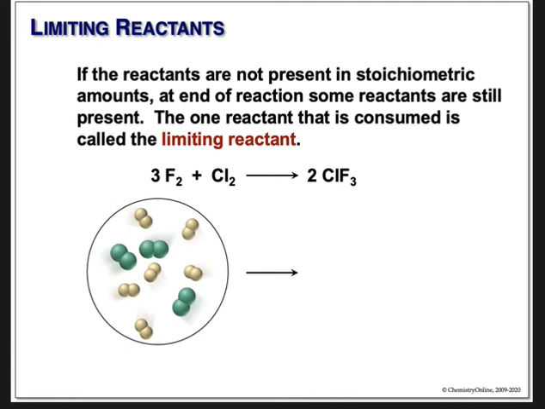Now, this reaction right here and the cartoon have appeared on virtually every exam for the last 3 years. So, remember that. Look at the cartoon. In this reaction, we are taking 3 moles of fluorine, reacting with chlorine to make 2 moles of chlorine trifluoride.